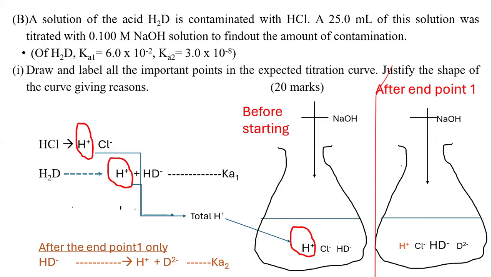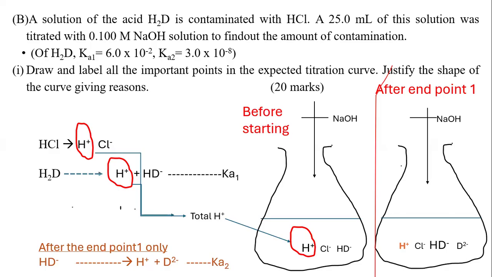Here, K1 is like a strong acid, first dissociation, and K2 is small like a weak acid. So when you have H2D and HCl, the first dissociation in the aqueous solution of H2D takes place like HCl.